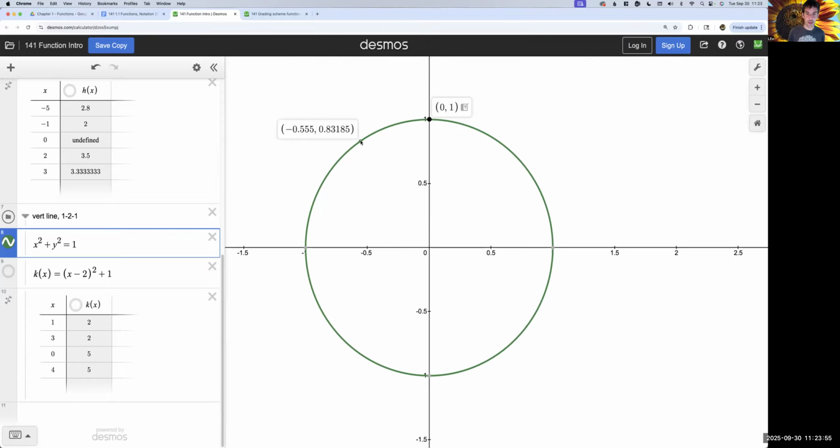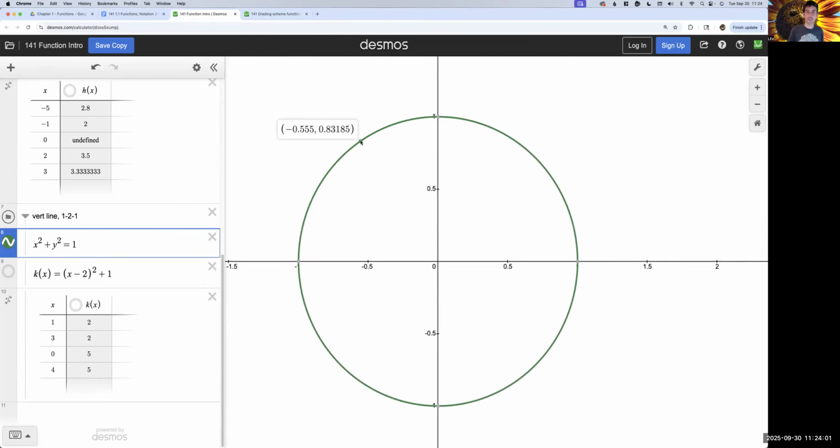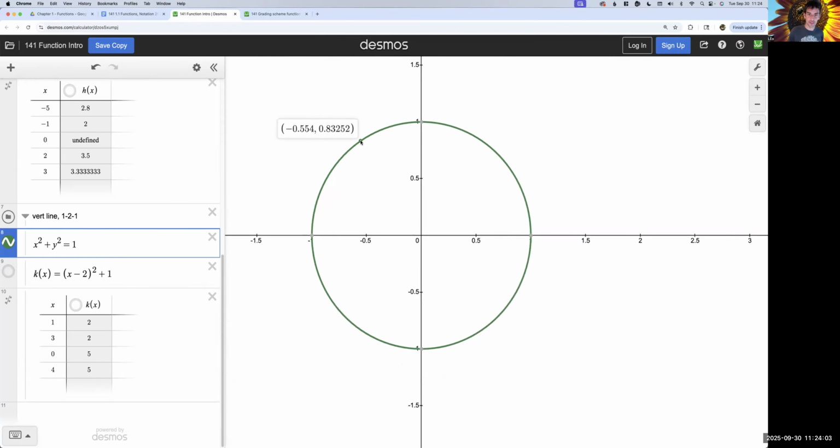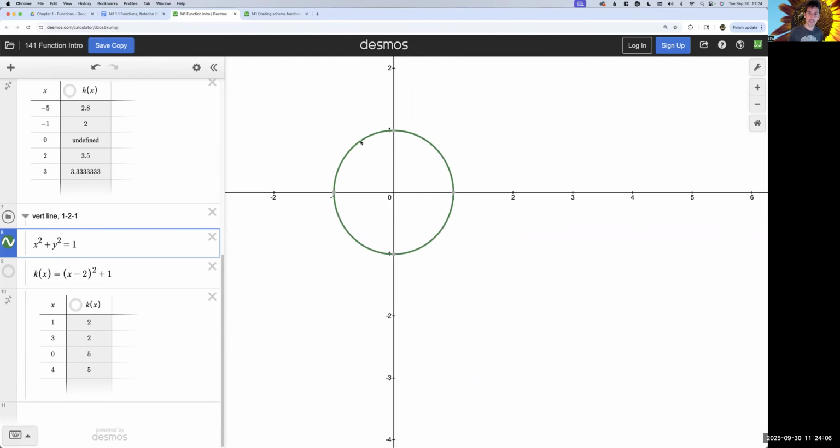And if you do that for another point here, for whatever negative 0.555 and 0.83185, or at least this will be approximately true because these are rounded decimal approximations, they'll satisfy this equation, right? And this is true for all the points on this circle and not true for points off the circle. However, this is not a function, right?